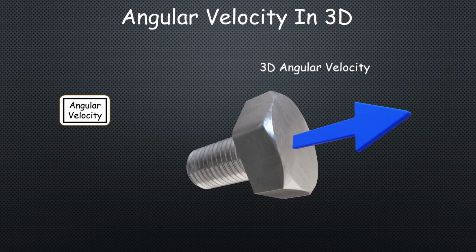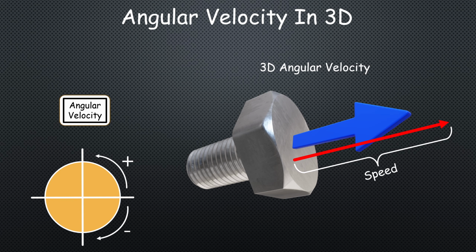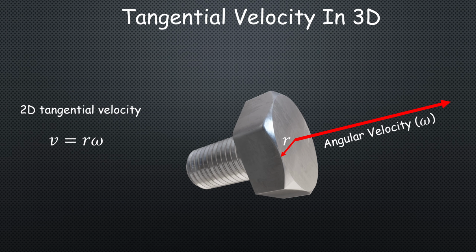The angular velocity used to be a scalar number and will be promoted to a 3D vector. It points along the axis of rotation, and its magnitude is the speed. This is the 3D version of positive is counterclockwise and negative is clockwise. The tangential velocity was the radius times the angular velocity.